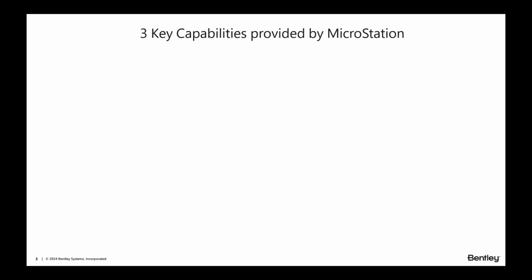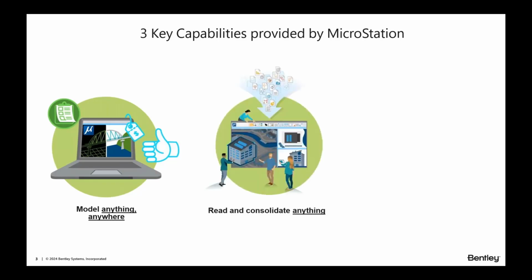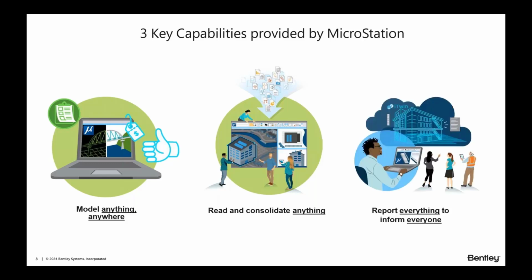It will give you versatile customization and seamless GIS integration for deliverables. The top 3 capabilities that MicroStation 2024 gives you are: the first one is model anything anywhere. The next one is read and consolidate anything. And the last one is report everything and inform everyone of whatever you have done.